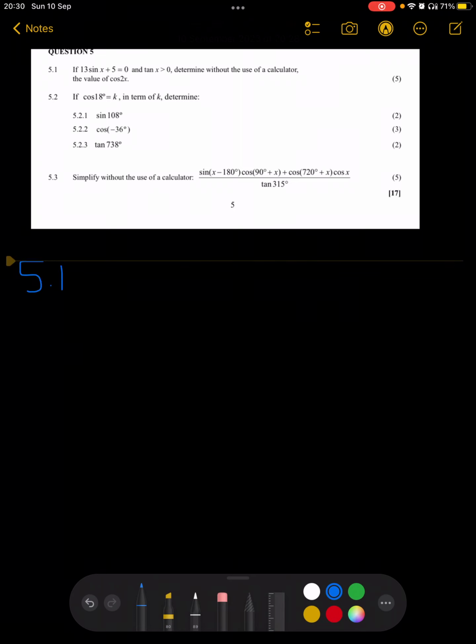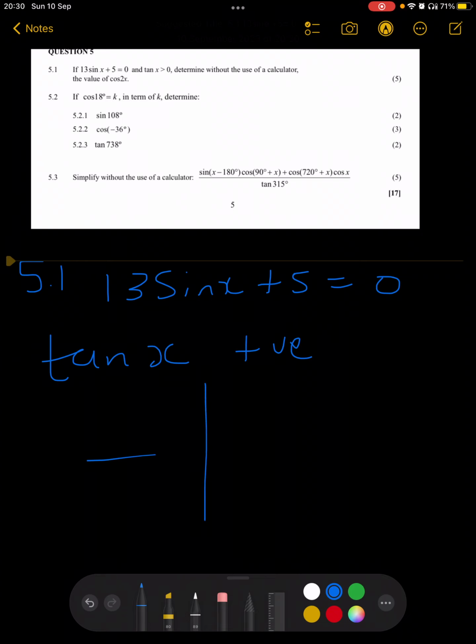That says if 13 sine x plus 5 is equal to 0, so we write down 13 sine x plus 5 equals 0, and tan of x is greater than 0, which means tan of x is positive. So where in the Cartesian plane is tan of x positive?